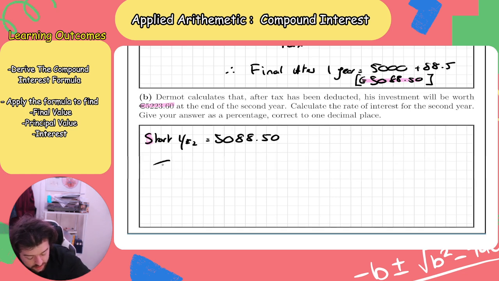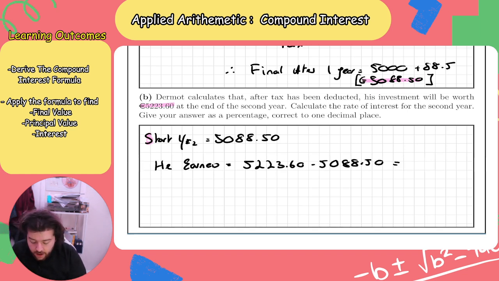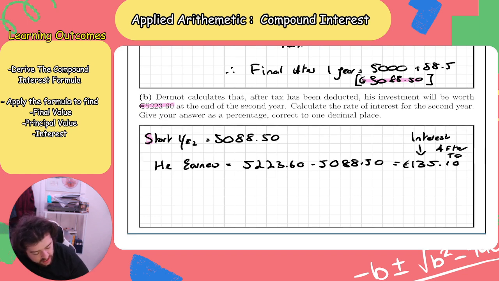So he earned 5,223.60 minus 5,088.50. So he earned €135.10.